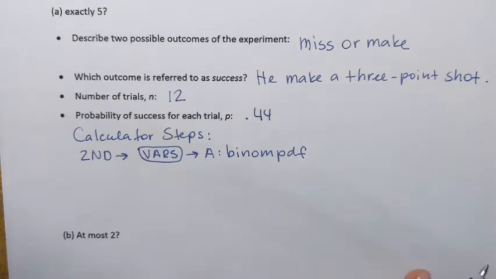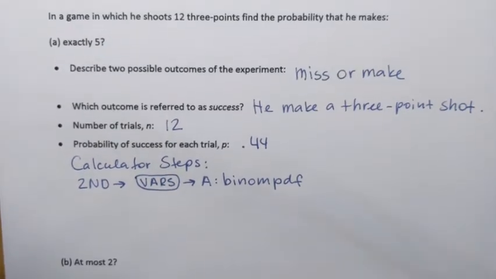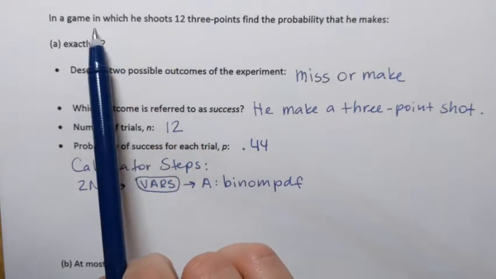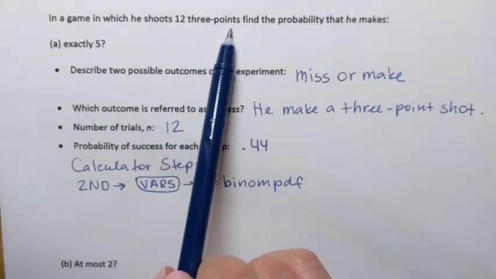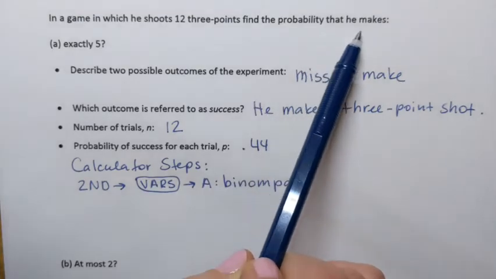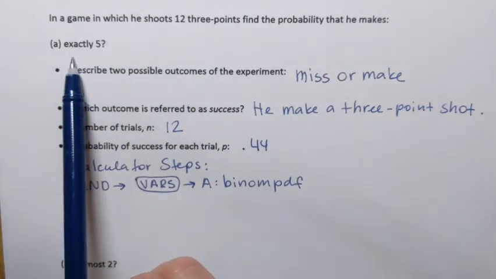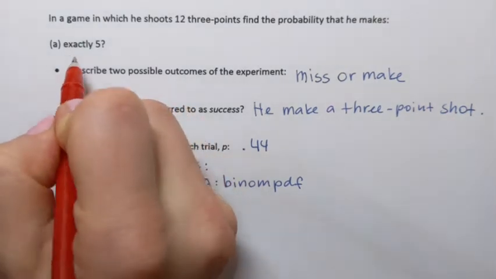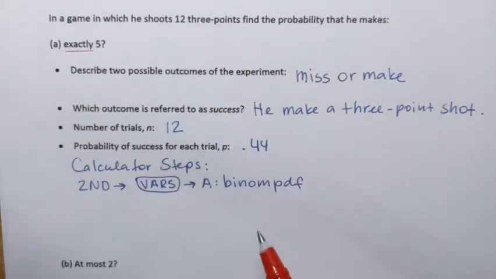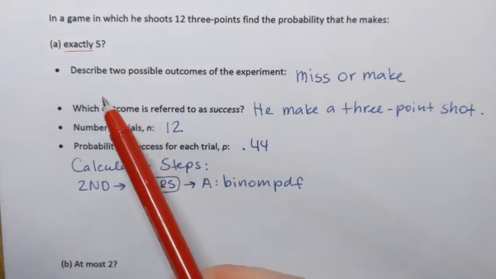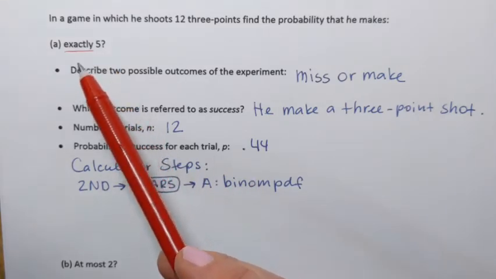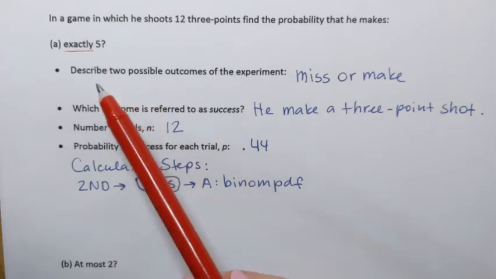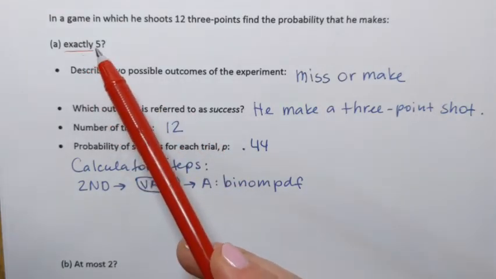What is the first question? The first question is the following. In a game in which he shoots 12 3-points, find the probability that he makes exactly 5. So the word exactly is the key word. I'm going to underline it, exactly. So we need to find probability of the exact number of successes, right? Because he makes 5, it means that there are 5 successes out of 12.